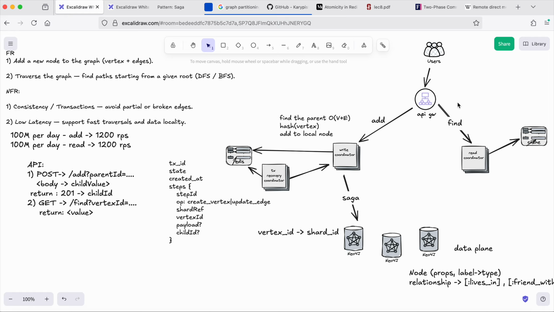We get a vertex ID, go to the cache, and just get all of the syncs in O(1) time. That's really efficient. But what should we do if we don't have these syncs in the cache?